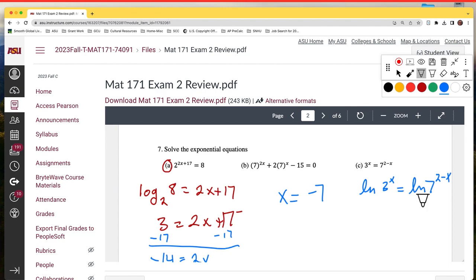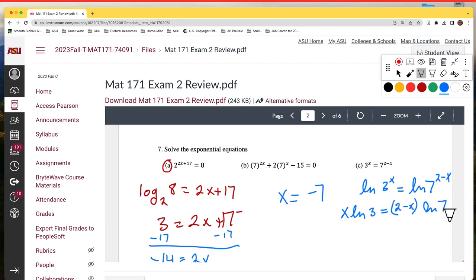We use that property of logarithms that if you have the log of a number and it's got an exponent, the exponent comes down and multiplies in front. So this gives us x natural log of 3 equals (2 minus x) natural log of 7. Now be careful here. Sometimes students won't put the parentheses, but you've got to. The whole exponent comes down.